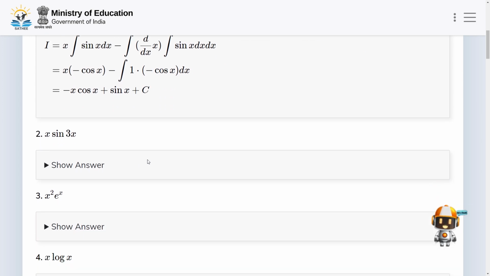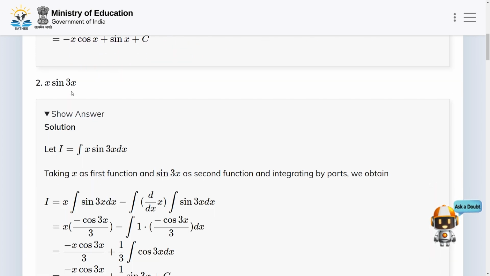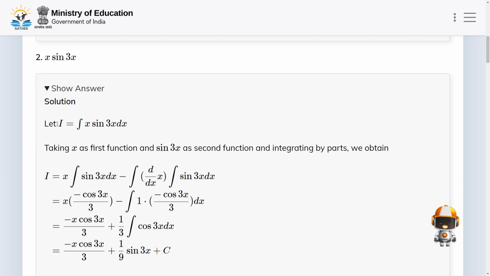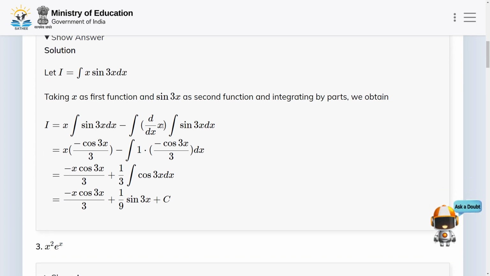Okay, let us move to the next question: x sin 3x. Same, capital I is equal to the integration of x sin 3x dx. Taking x as the first function and sin 3x as the second function, you can integrate it by using by parts. So x times the integration of sin 3x dx, minus the integration of the derivative of the first times the integration of sin 3x dx.